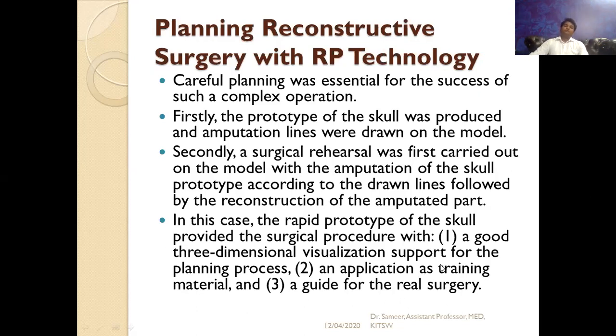So in order to plan this surgery, it was really difficult to do it on the baby, on the 5-month-old baby. So the rapid prototyping here was useful in preparing the exact dimensions of the skull of the 5-month-old baby.